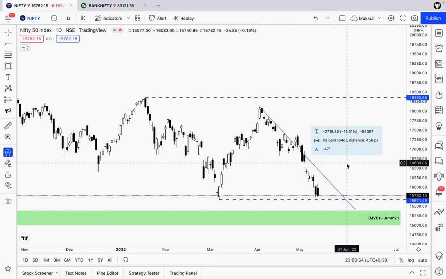Suppose, for example, Reliance moves 1%, then what is the contribution of Reliance to Nifty? That depends upon the percentage Reliance has. Let's say Reliance has a weightage of 12 to 13% in Nifty.